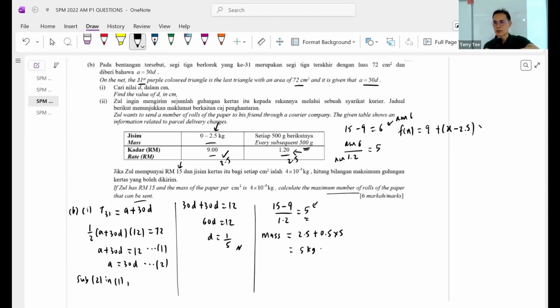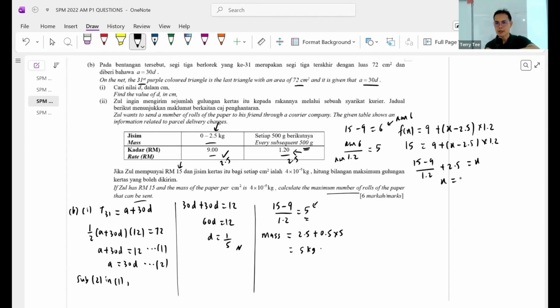Think of it as this, 120. Can you see that? So how much does he have? He has 15 ringgit, right? So 15 ringgit plus 9, x minus 2.5 times 1.2. So you bring over 15 minus 9 divided by 1.2 plus 2.5, you get your x.